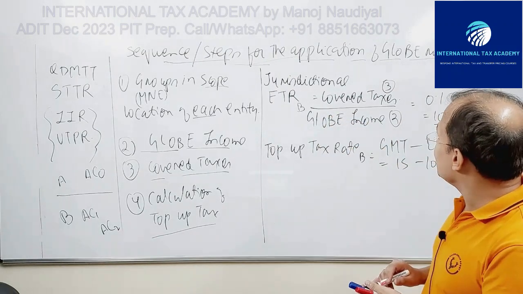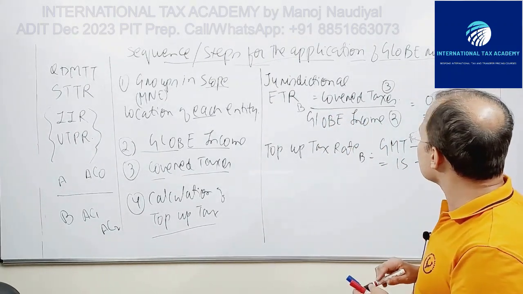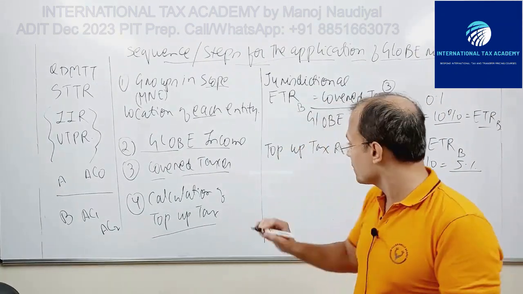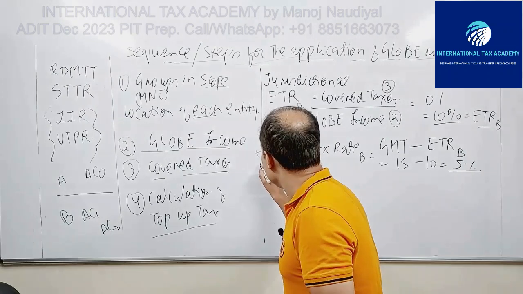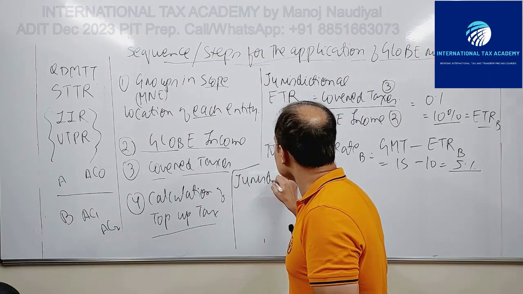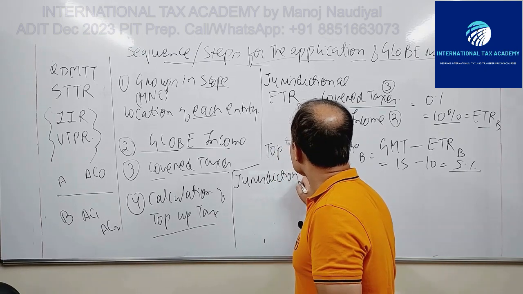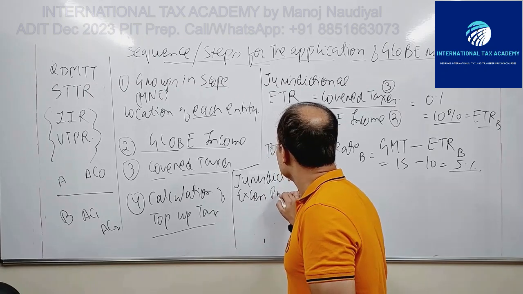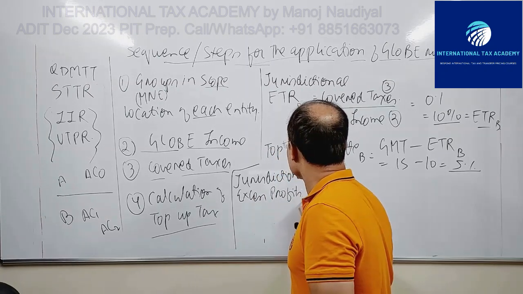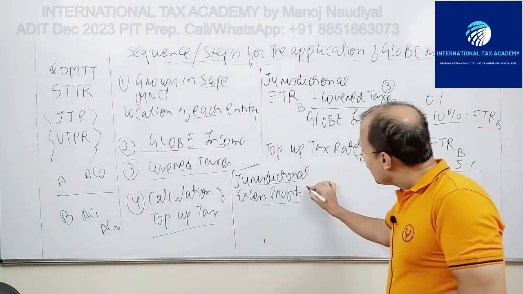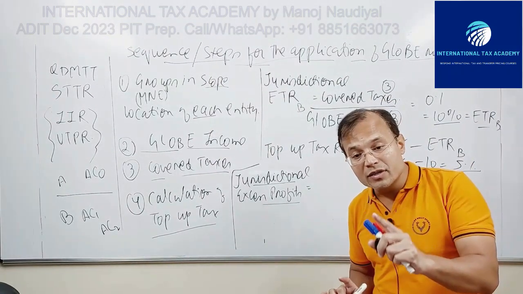In the subsequent stage, we calculate jurisdictional excess profits. Now, how do you calculate jurisdictional excess profits?